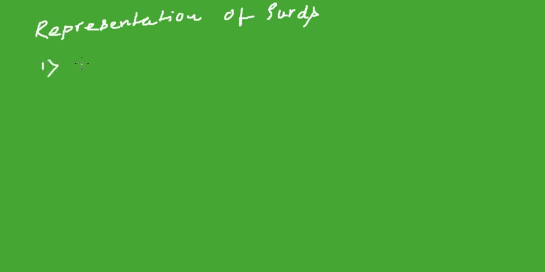Representation of surds. 1. Nth root of A can be represented as A to the power of 1 by n. 2.